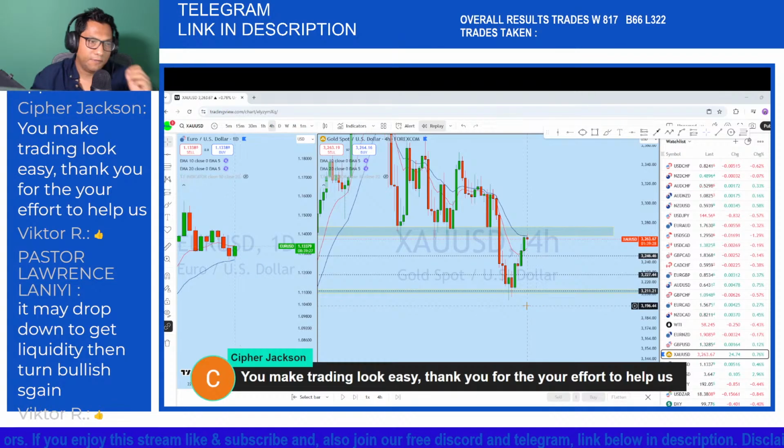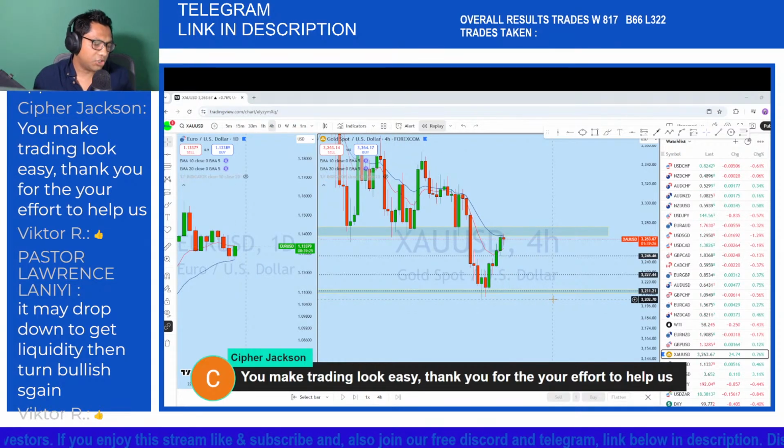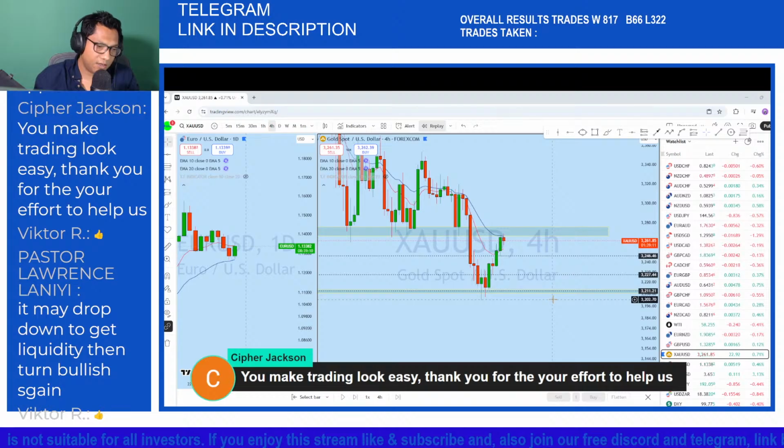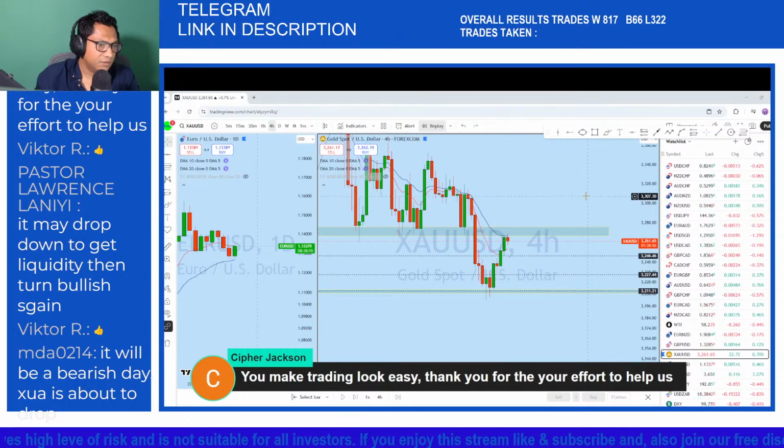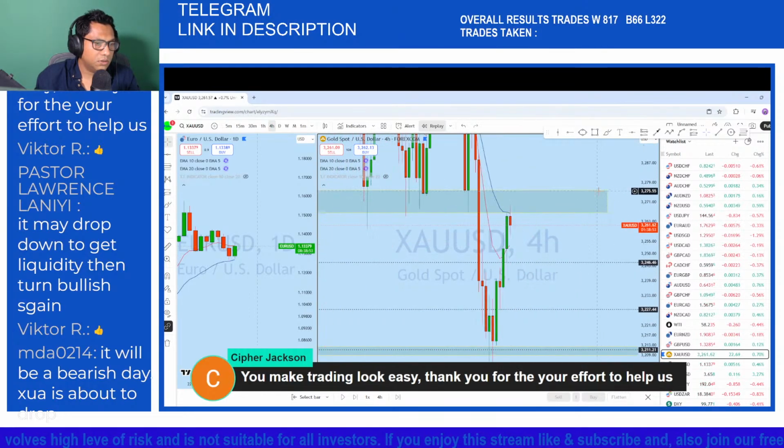Yeah, definitely. Now, once we understand the directional bias, we can be very sure about the market, right? Directional bias is halfway, not the full way.